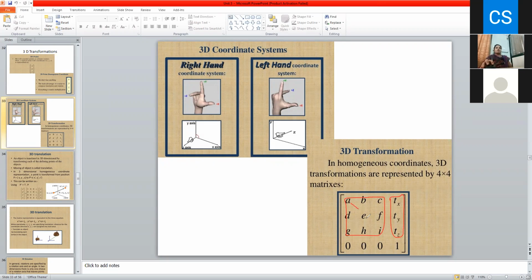Out of that, these diagonal elements are responsible for scaling. The off-diagonal elements are responsible for shearing, and reflection also we have seen. For reflection, we have three cases: reflection with the YZ plane, reflection with the XZ plane, and reflection with the XY plane.